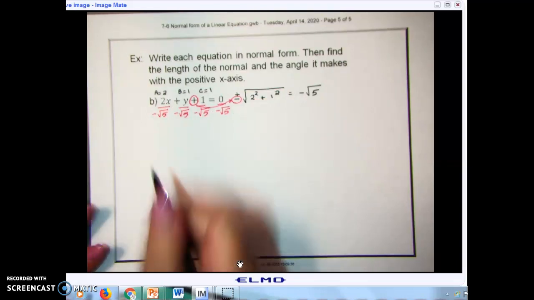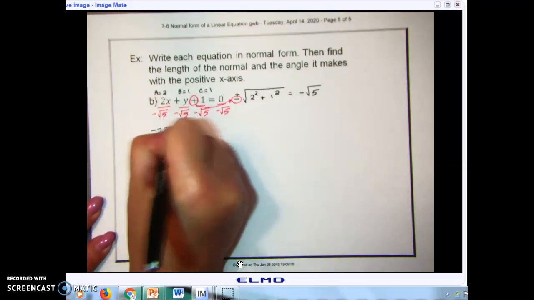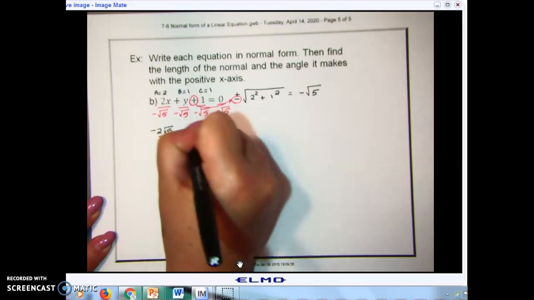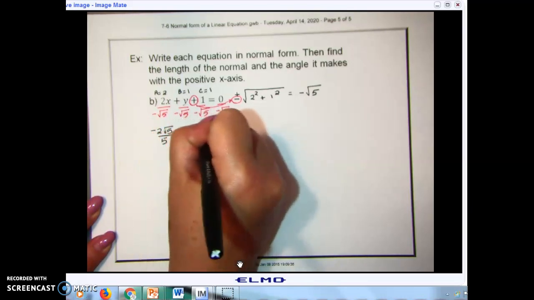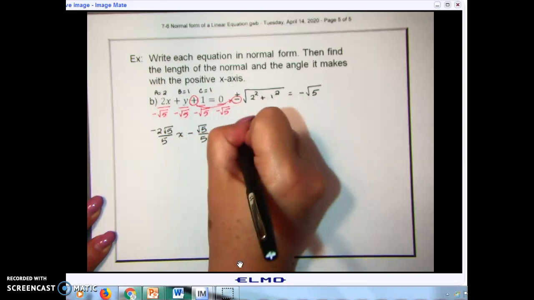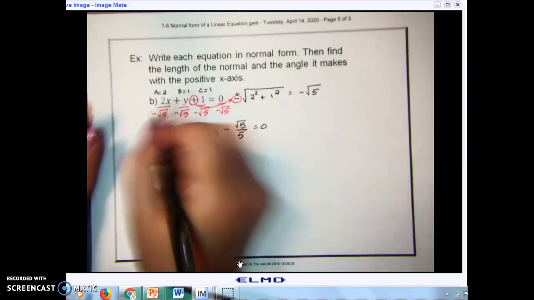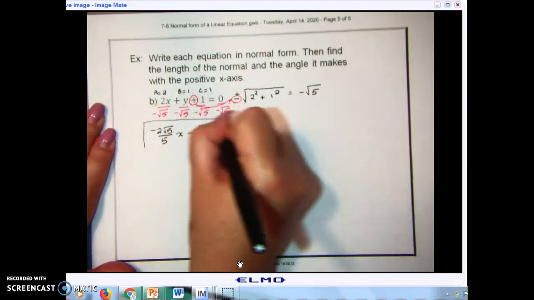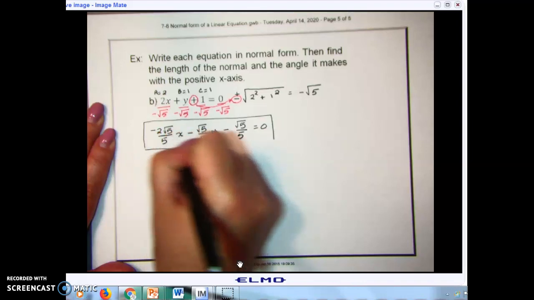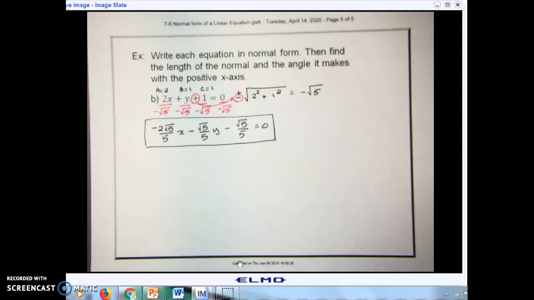So when I do that, I get negative 2 root 5 over 5 times x minus root 5 over 5 times y minus root 5 over 5 is equal to 0. So that is the normal form of the line, where this is minus. That is the definition of where p has to be negative.